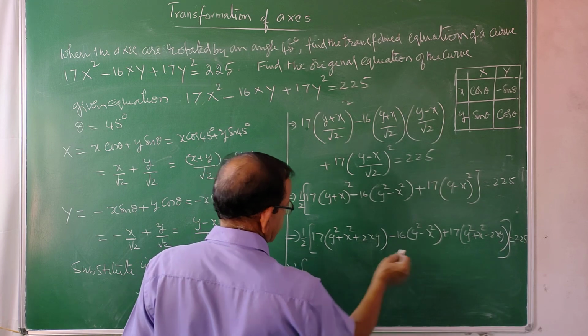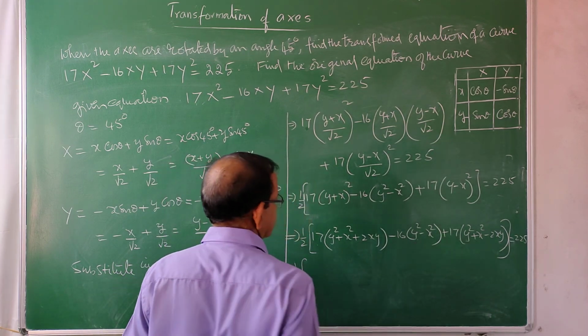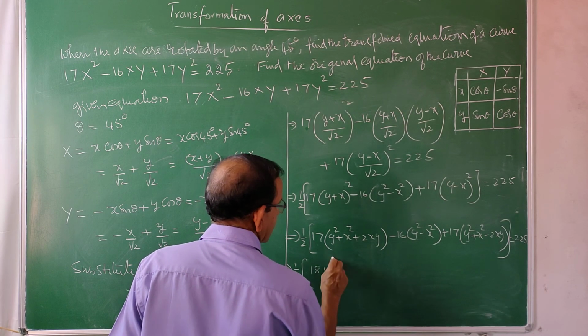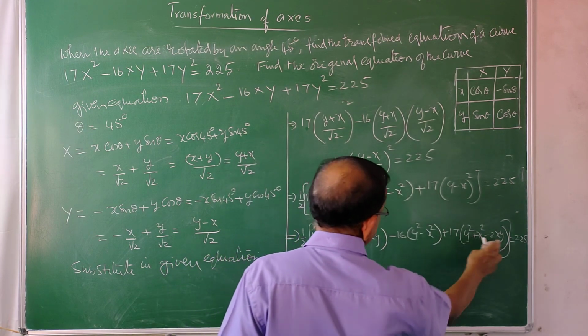Now simplify this one. Half into 17y square plus 17y square, 34y square minus 16y square, that is 18y square. Next 34xy minus 34xy.